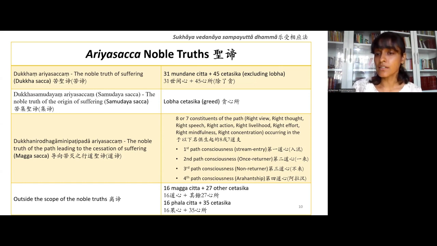Those are the Magganga, or the path factors, which arise together with the first, second, third, and fourth path consciousness. And finally, outside the scope of the Noble Truths are the ultimate realities that are not classified under Ariya Sacca. These are the 16 Magga Chitta, and there are 27 Cetasika, the 16 Phala Chitta, and there are 35 Cetasika.